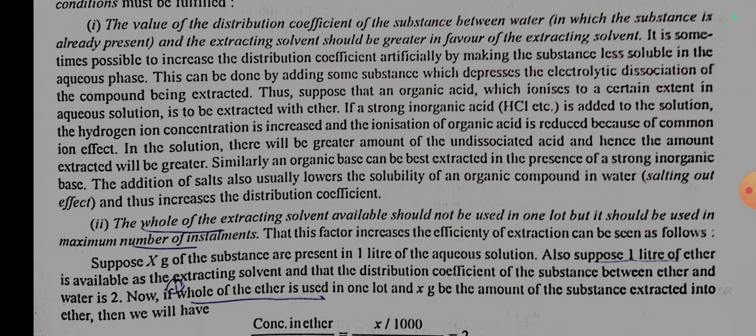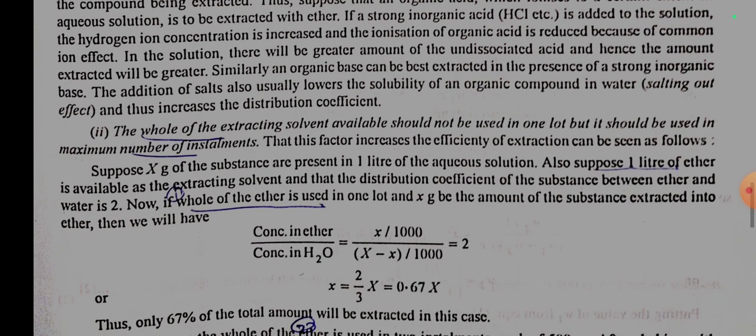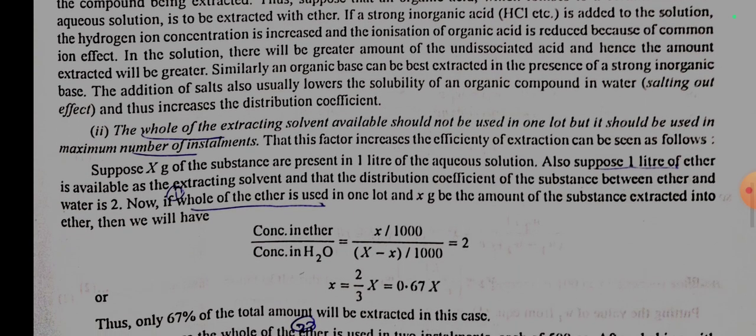If a strong inorganic acid like HCl is added to the solution, the hydrogen ion concentration is increased and the ionization of organic acid is reduced because of common ion effect. In the solution, there will be greater amount of the undissociated acid and hence the amount extracted will be greater. Similarly, an organic base can be best extracted in the presence of a strong inorganic base.